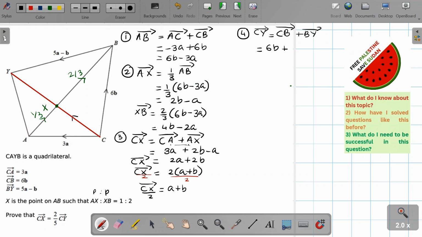And BY is 5a minus b. So you are left with 5a plus 5b for CY. And if I factorize this, I get 5 bracket a plus b. Then I divide both sides by 5, which gives me a plus b is CY over 5.